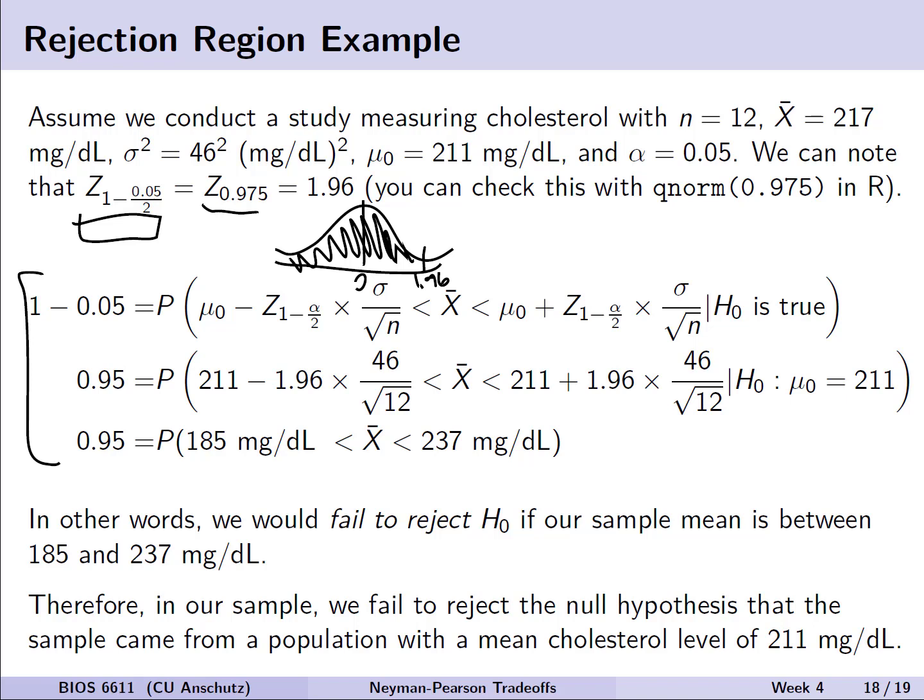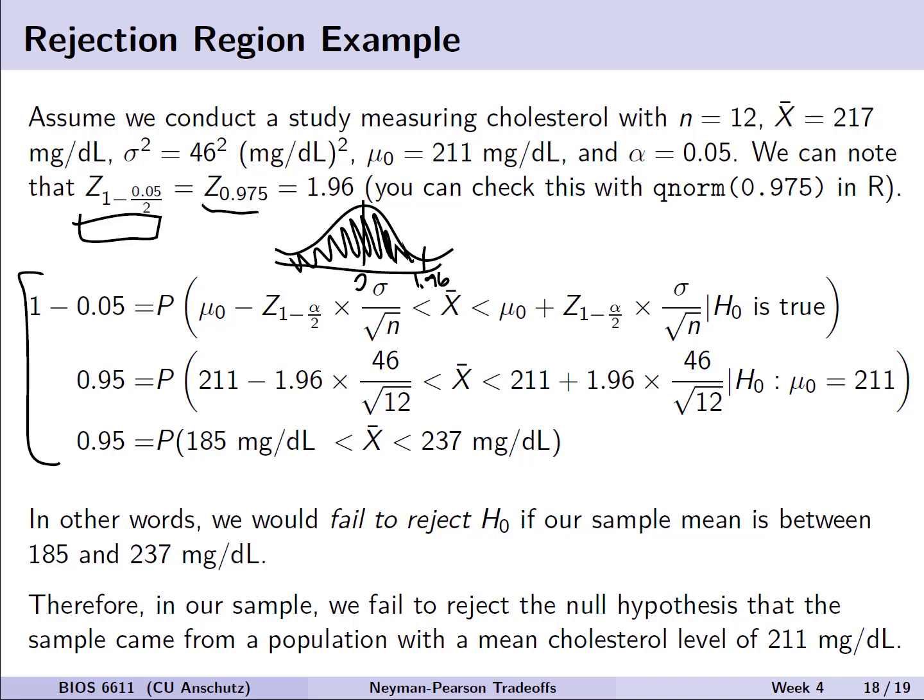In other words, we would fail to reject the null hypothesis in the Neyman-Pearson framework if our sample's mean is between 185 and 237. Therefore, in our sample, since we observed a mean of 217, we failed to reject the null hypothesis that the sample came from a population with the mean cholesterol level of 211 milligrams per deciliter.